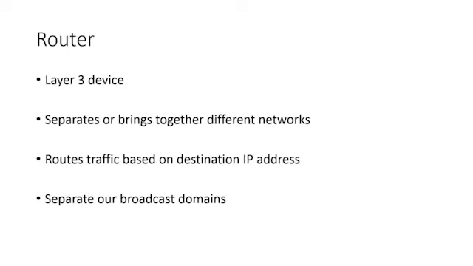Something else a router does is it separates broadcast domains. Now, we've talked a lot about collision domains, right, where we can send and receive at the exact same time. But broadcast domains is the limitations of where the broadcast traffic will go. We talked about ARP request earlier, that address resolution protocol.